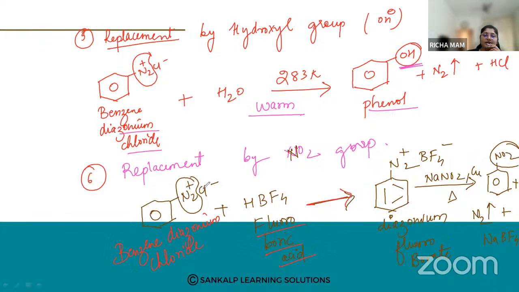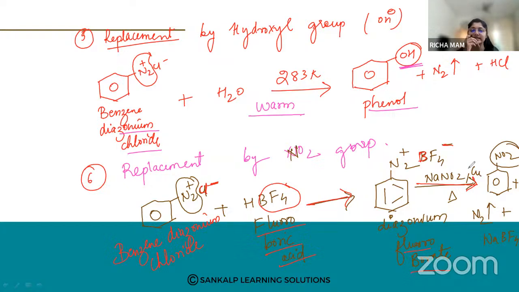Our Cl minus is replaced by BF4 minus, so I get benzene diazonium fluoroborate. This I treat with sodium nitrite in the presence of copper and heat it. I get nitrobenzene plus N2 gas liberated plus sodium borofluoride. So this is the reaction.